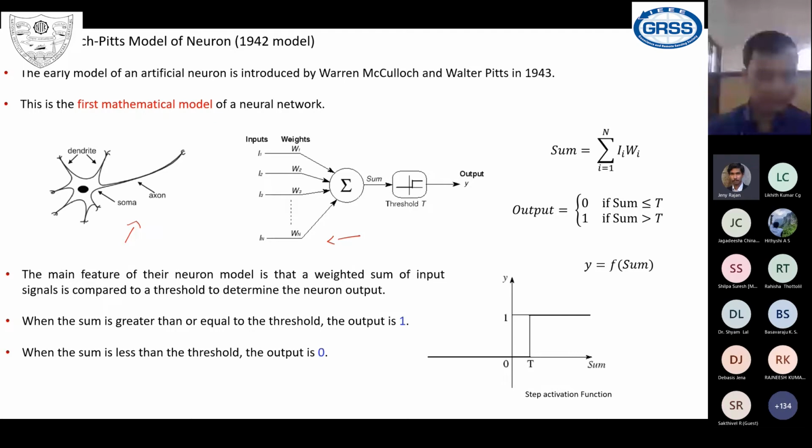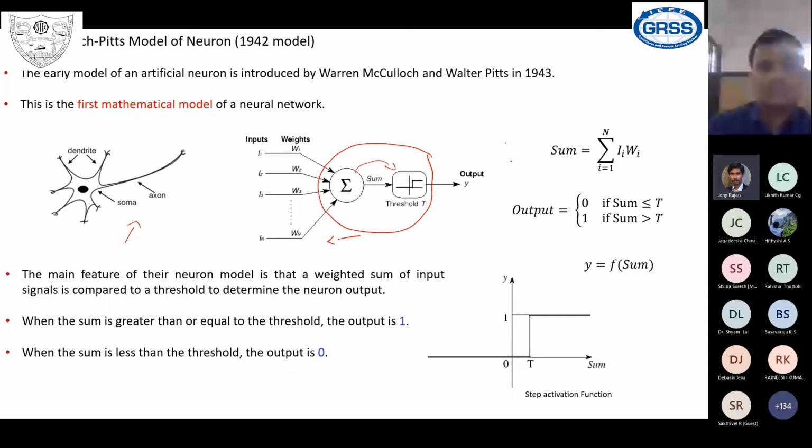If you look at this artificial neuron, it can take n inputs, and associated with every input there is a weight. You can assume this as the cell body. In the cell body, we compute the weighted sum. For every input, there is a weight, right? We compute the weighted sum, and give it to an activation function. Based on the weighted sum, this activation function will give an output.